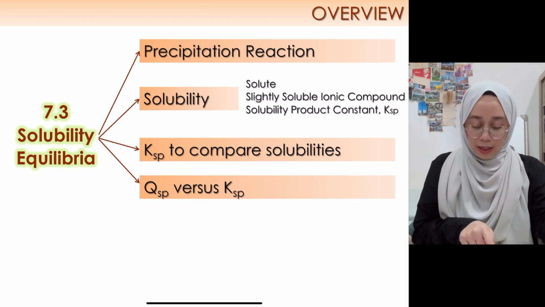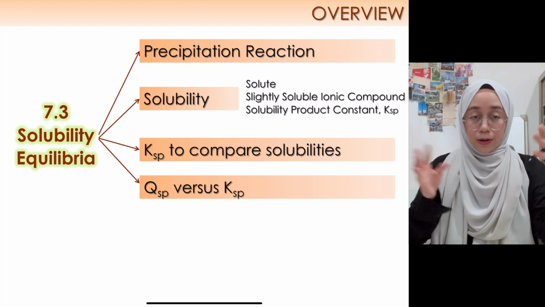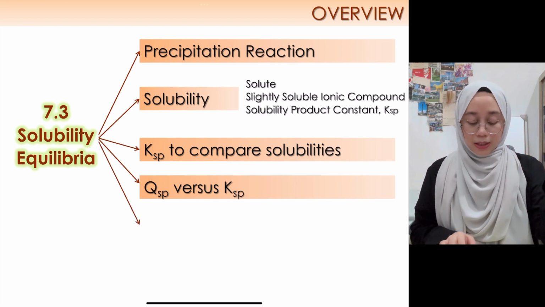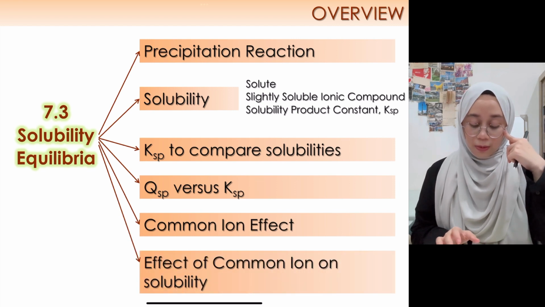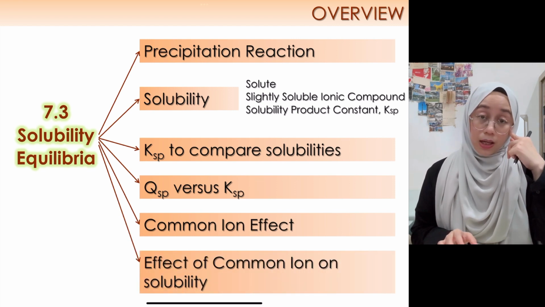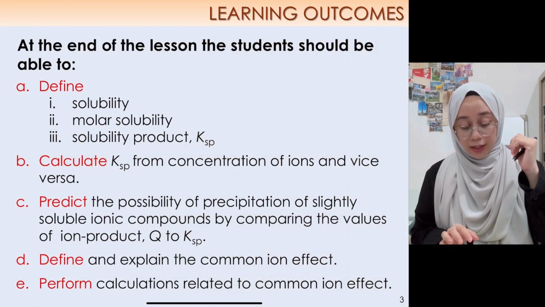Hari ni sebenarnya kita akan try tengok the first three ni dahululah. Okay, and then in our next lesson later kita akan tengok QSP versus KSP, and then common ion effect, and also the effect of common ion on solubility. Okay, so kita tengok dia punya learning outcome pula.